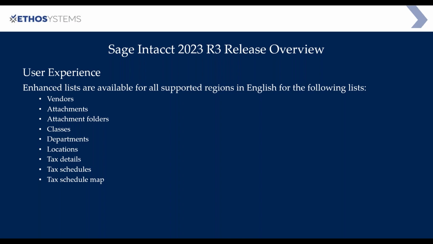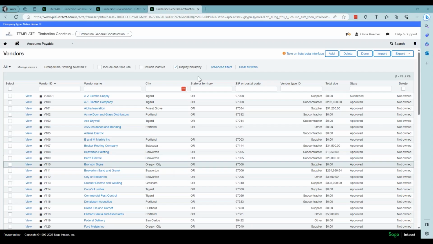They are continuing to make adjustments to these lists. If you would like to include yourself in the beta, you will have an area within the software, in any of the areas where there is an enhancement to the list. Let me just show you an example here. You will see this icon, which says turn on list beta interface.